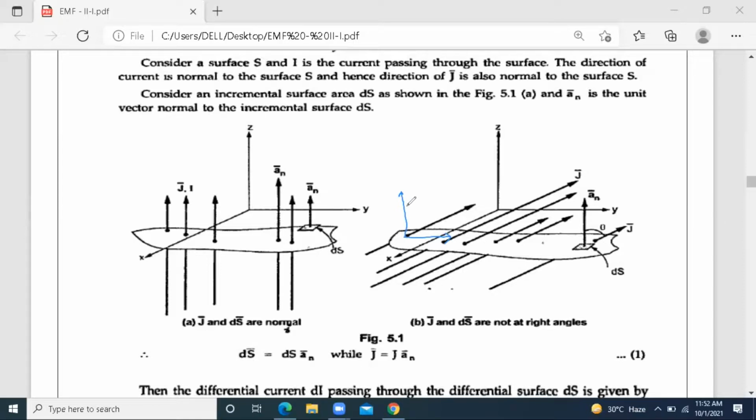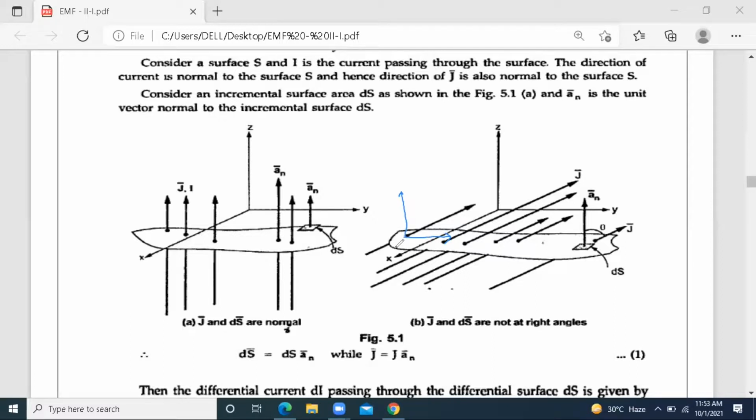So this normal component, when you dot it with the direction, the angle between them is 0, so cos theta is 1. But when you dot this with this, the angle is 90, so cos theta is 0.